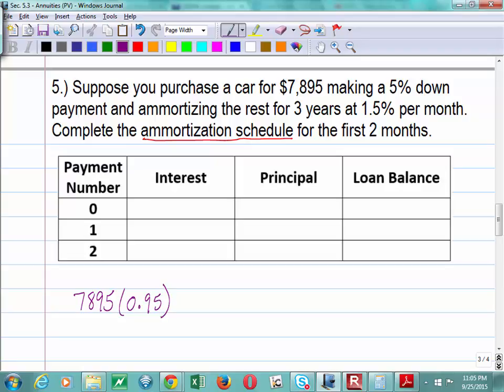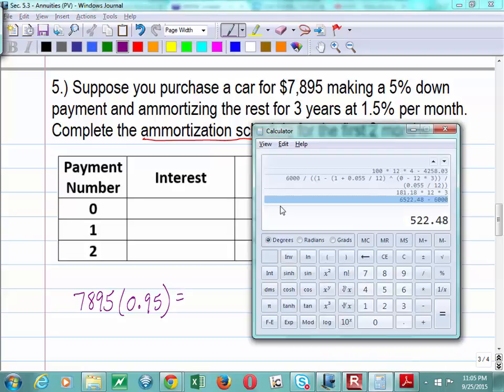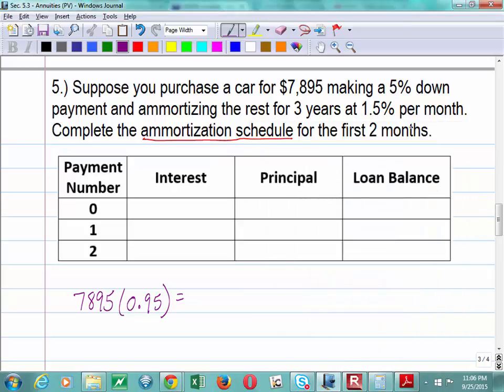So that'll tell you what the principal of your loan was after you took off the down payment. Because we don't really have to know what the down payment exactly was in this case. Alright, so after you take off the down payment, your balance of your loan is $7,500.25.